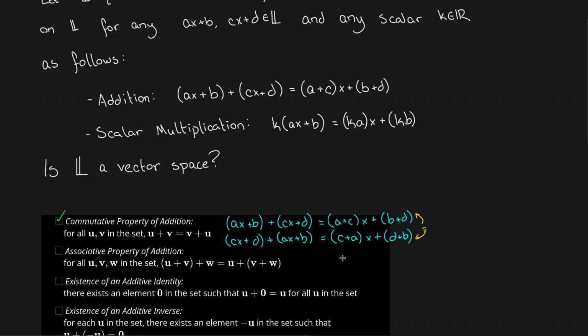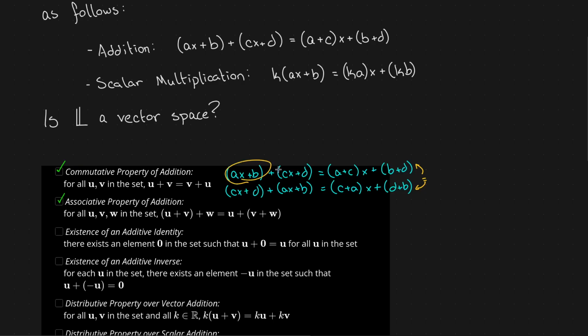What about associative? Okay, I won't draw it all out for us, but it is also associative. And we kind of intuitively know this because what are we doing when we're adding these linear functions together? Well, at the core, it's just the addition of numbers, right? x is an unknown number. And we know that when we add numbers, if we add u plus v first and then add w, it's the same as adding v plus w first and then adding u. So it checks out. Okay. Is there an additive identity?